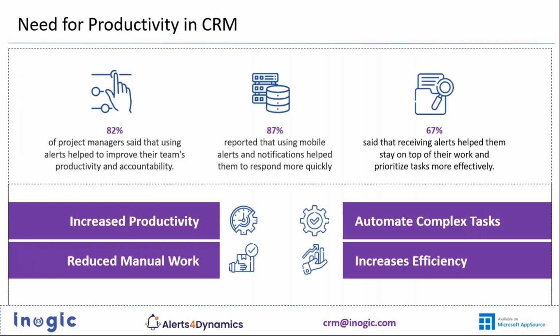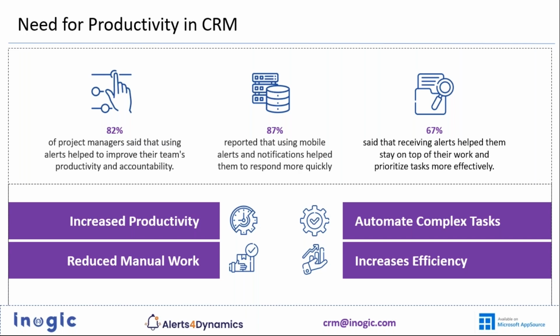So the stats that you see: in the current Dynamics CRM world, using a notification app, that is Alerts4Dynamics or any notification app within Dynamics CRM, helps the user to increase their productivity. 82% of project managers say that using alerts helps them improve the team's productivity and accountability.